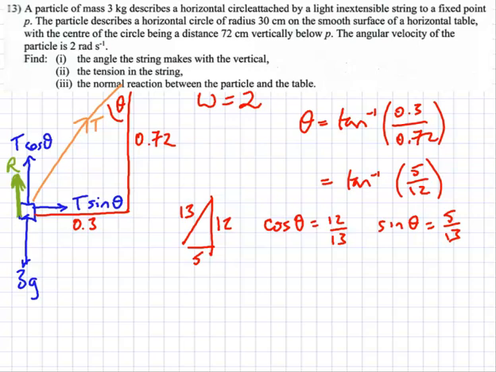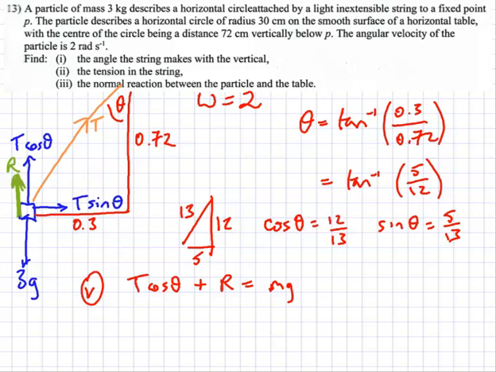Anyway, we start by looking at the vertical forces occurring. So we have T cos theta, and we're adding on to that our normal reaction, and that's equal to mg. So we can insert a few values into that.